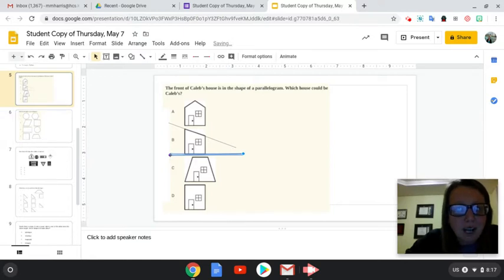They are not parallel. So a parallelogram has two pairs. That can't be it. Look at C, same. It only has one pair of parallel lines. So that one can't be our choice. So our answer has to be D.